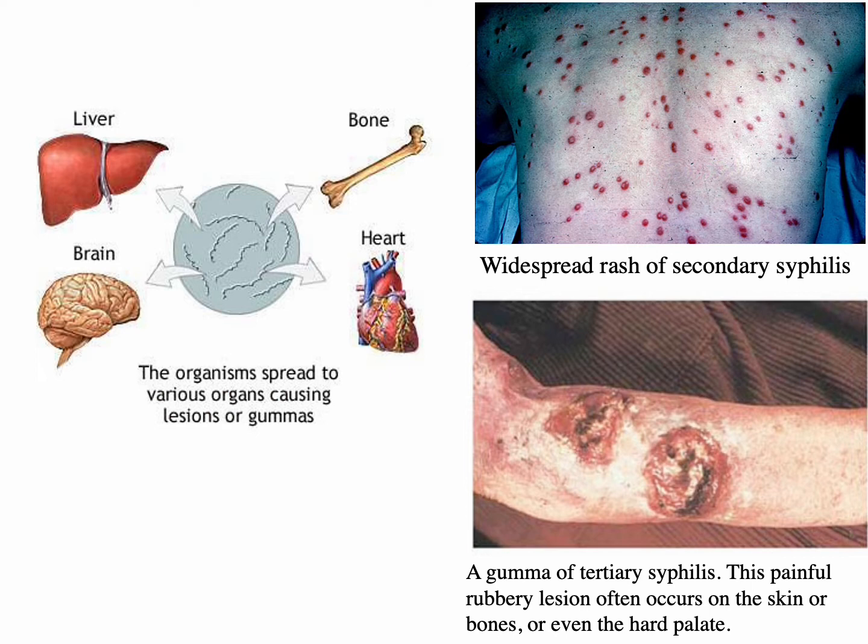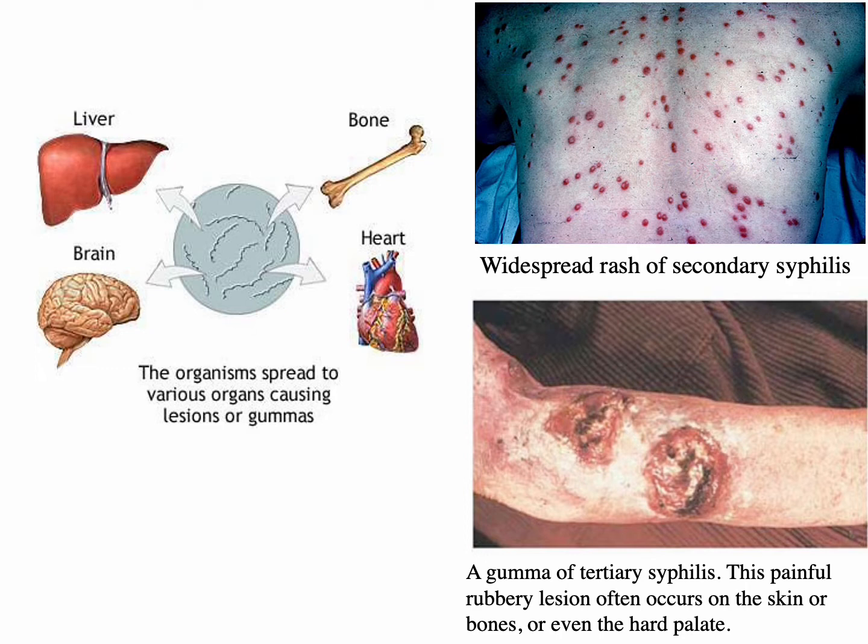So here's a picture showing the copper-colored rash on the back of a person who has secondary syphilis, and on the bottom you have tertiary syphilis. This is a gumma lesion on the arm. You can see a rubbery looking lesion, and this can also happen in the oral cavity, even on the hard palate.